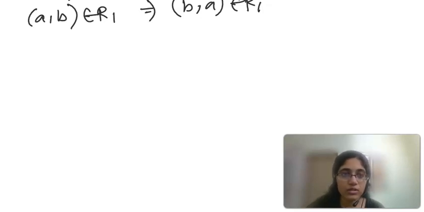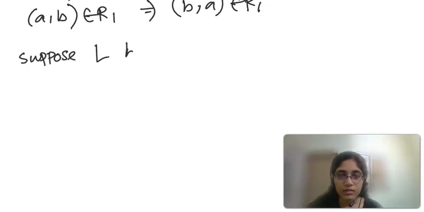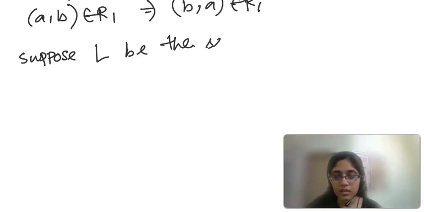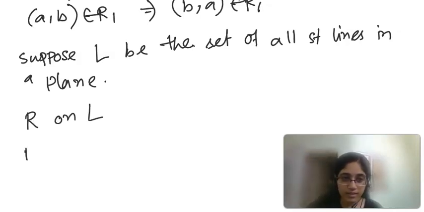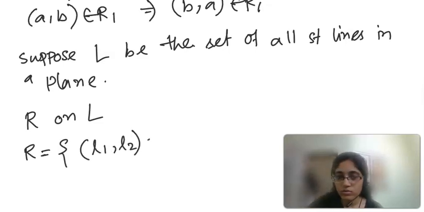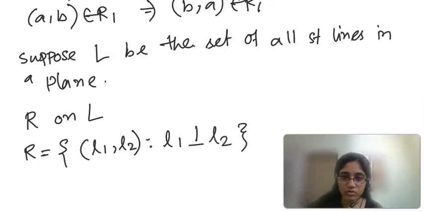Now consider, suppose L is the set of all straight lines in a plane. Now define R on L such that R is equal to {(L1, L2)} such that L1 is perpendicular to L2.